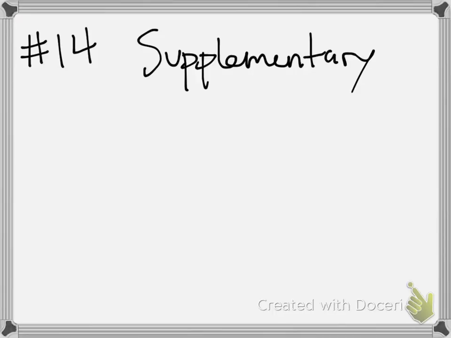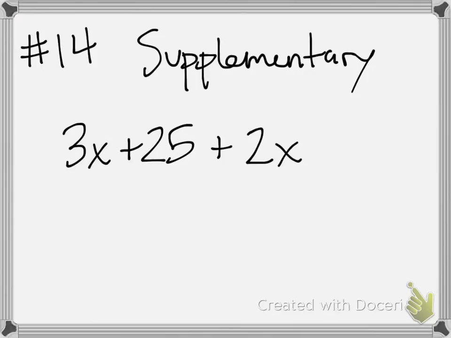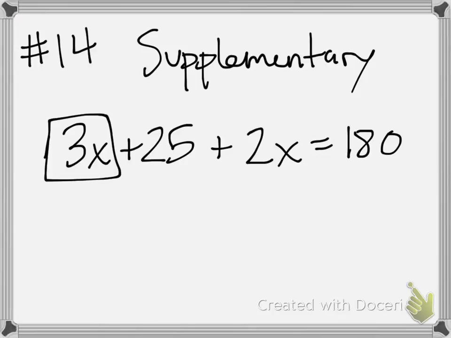Alright, so in other words, 3x plus 25, and if we add in the second angle of 2x, that will equal 180 degrees. So on this one, again, combining like terms first. 3x and 2x gives me 5x's.